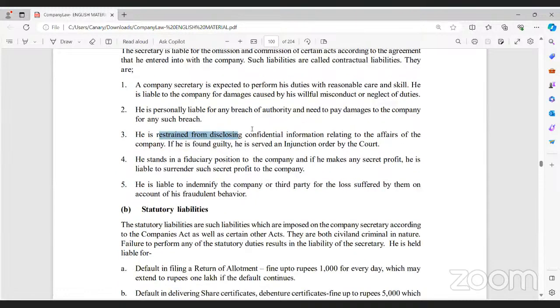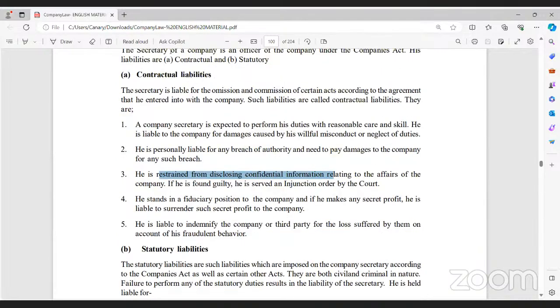He is restrained from disclosing important, confidential information of the company to anyone else. If he does so, he will be found guilty and liable to the company, and sometimes by court order also. It's simple, children.